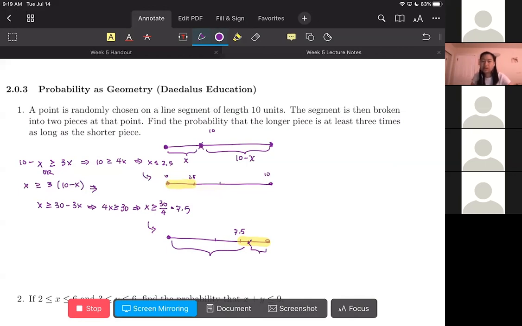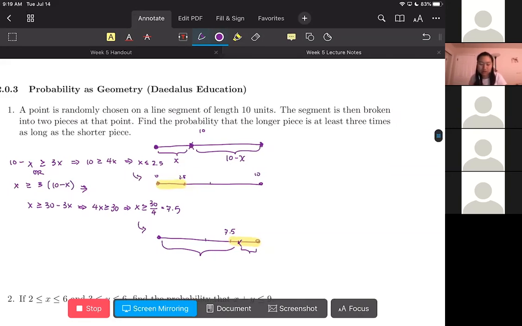So now let's put this together to compute the probability. What's the length of each of these intervals? And then how do we compute the probability overall that the longer piece is at least 3 times as long as the shorter piece? It would be 2.5 over 10. And since 2.5 is a quarter of 10, we'd say it's 1/4.